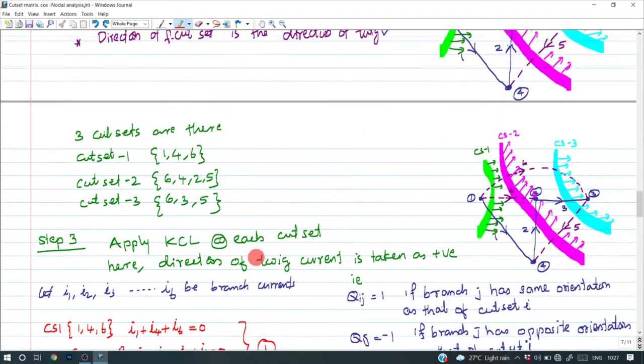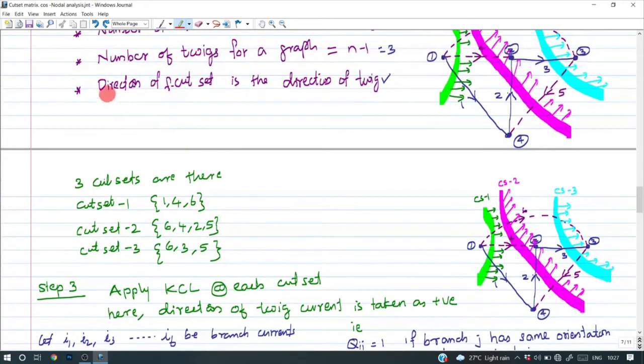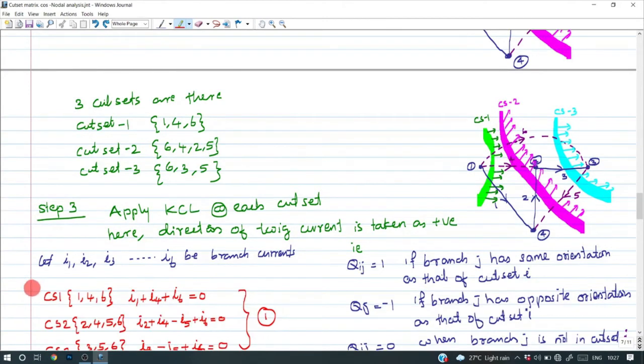Step 3. Here in each cut set, we need to apply KCL. So step 3 is apply KCL at each cut set. As mentioned here, the direction of fundamental cut set is the direction of twig, so here direction of twig current is taken as positive. Let I1, I2, I3 up to I6 be branch currents corresponding to branch 1, branch 2, branch 3 up to branch 6.